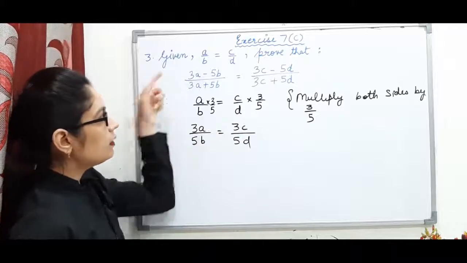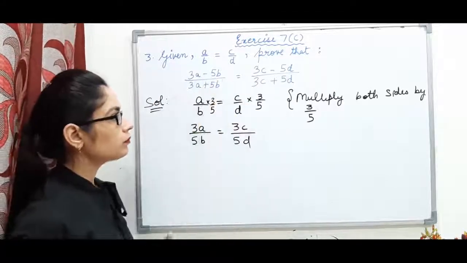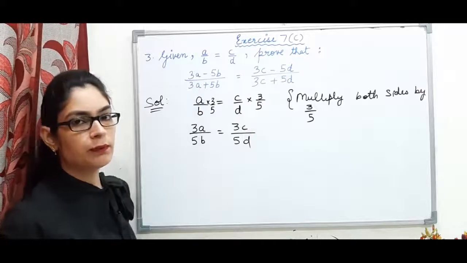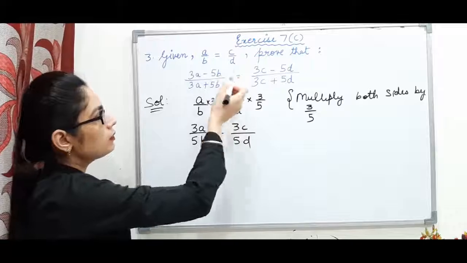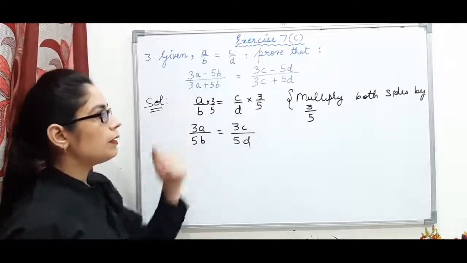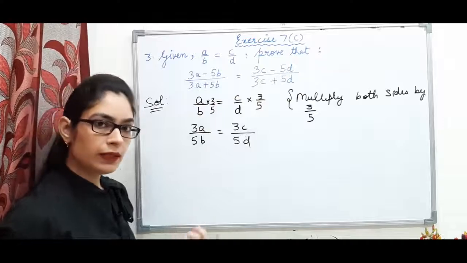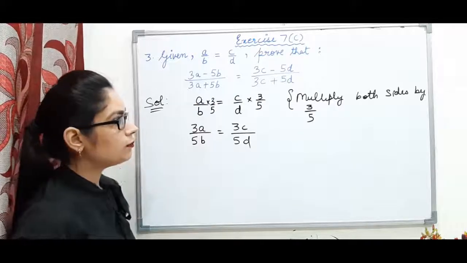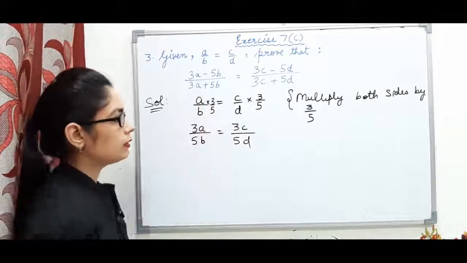Now again, we have to keep on looking at what we have to prove, so that step by step we can proceed accordingly. Now it is like 3a - 5b and 3a + 5b. So we need both the terms in the form of minus and plus. We have learnt one property similar to this.